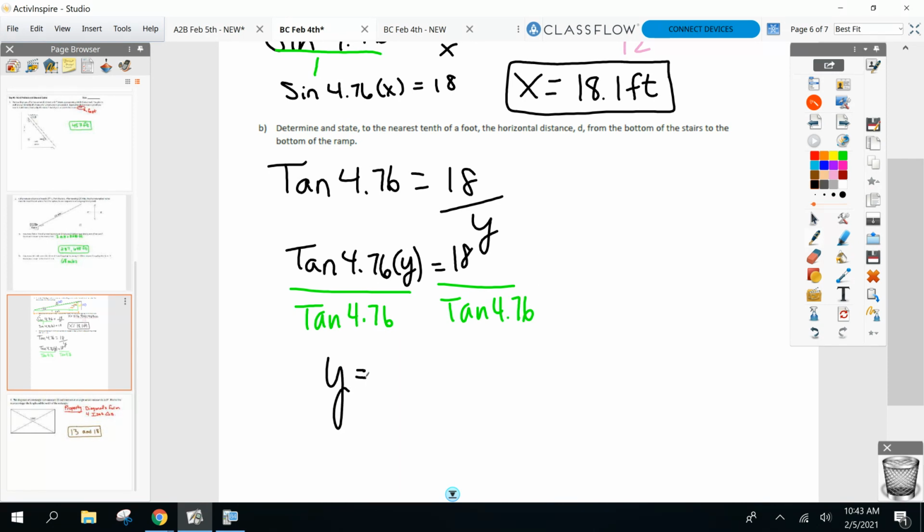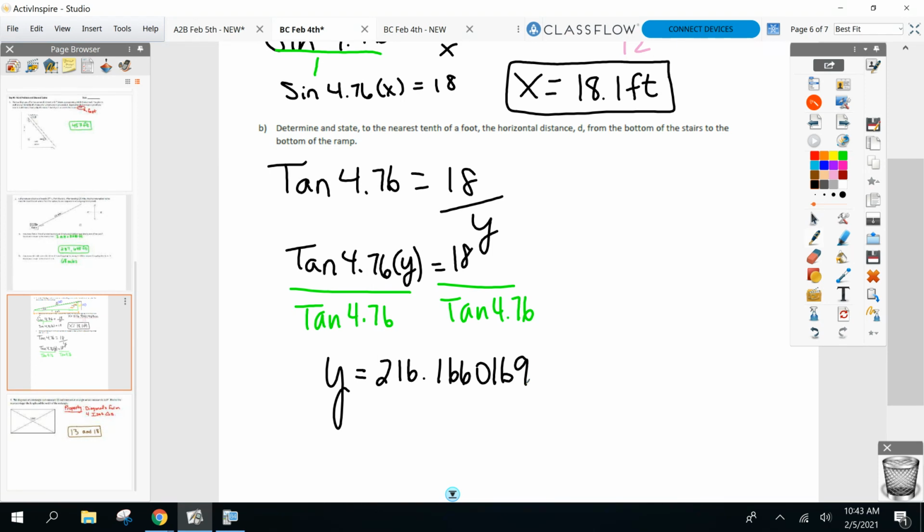Make sure we don't round anything until the end of the problem. For that entire leg, I'm getting 216.1660169. Did I add enough numbers? Yep.